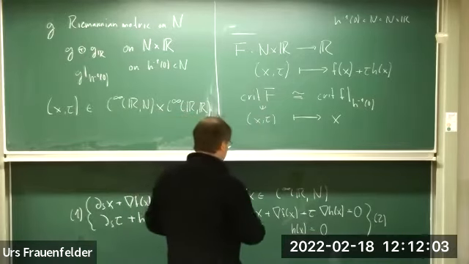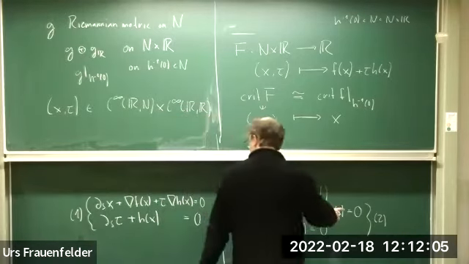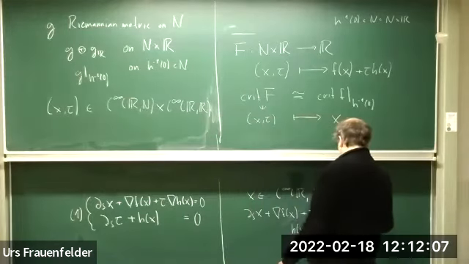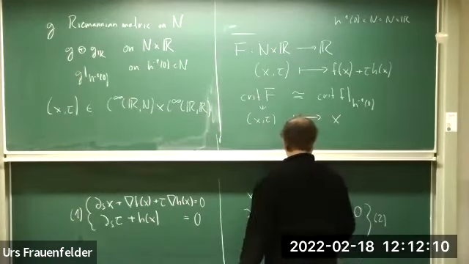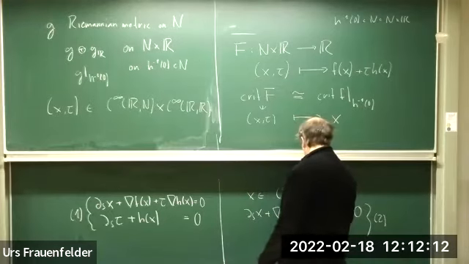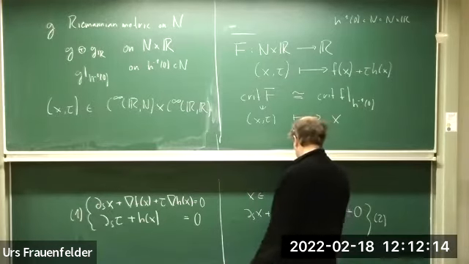And so actually for case 2, this Lagrange multiplier tau is completely determined by x.